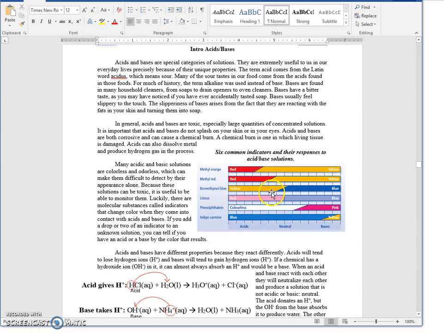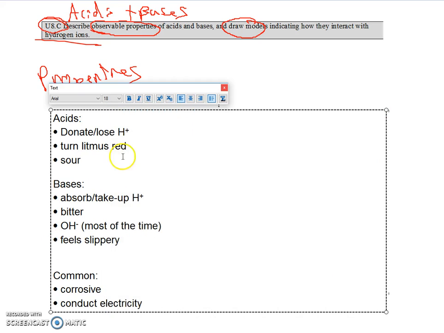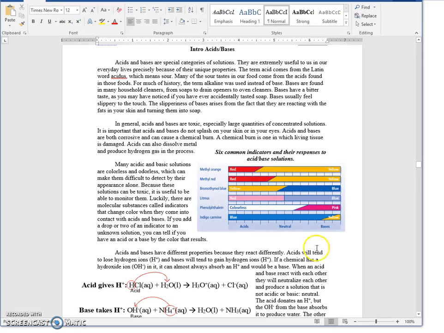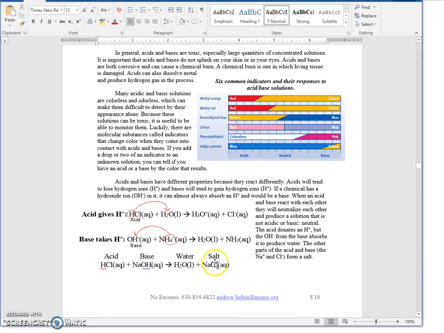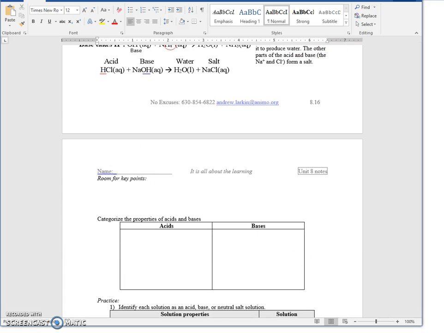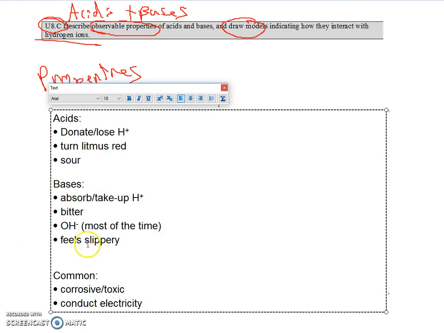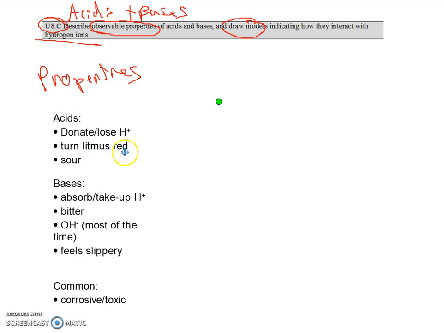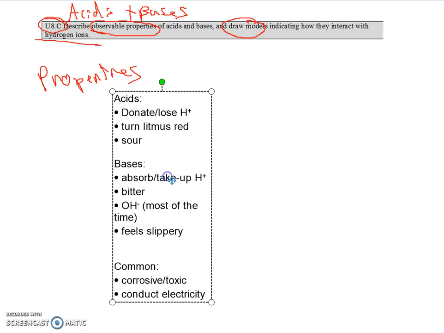That's a good one. Bitter taste, did that, slippery. They're both toxic. That has to do with the corrosive slash toxic, right? If you eat something that chemically eats away at things, it's not going to feel good. They respond to indicators. Acids can dissolve metal. That's just corrosive, same idea. Okay, I think those are the big ones for the general properties.